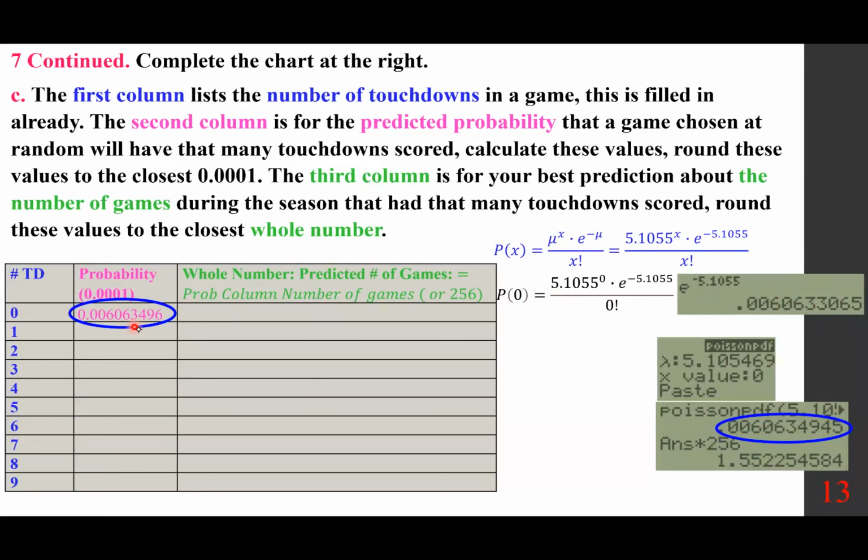Now, how many games were there? 256 games. So what they mean here is whatever this number is times 256. So basically you calculate this column and you multiply by 256.